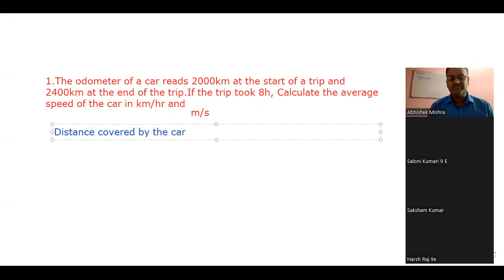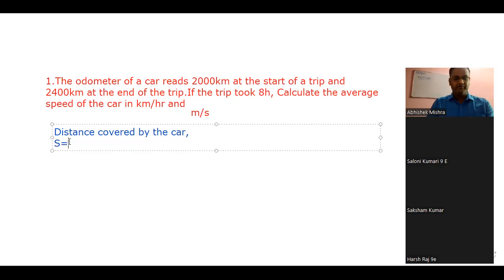Students, can you tell me what is the distance covered by the car? S is equal to... Yes, very good, correct. 400 kilometer.